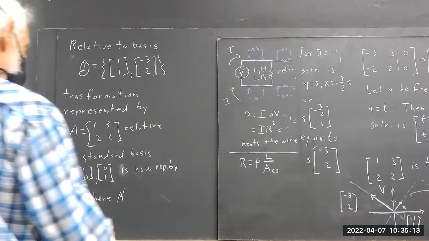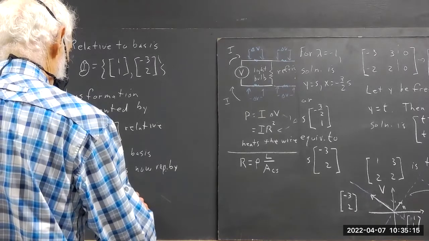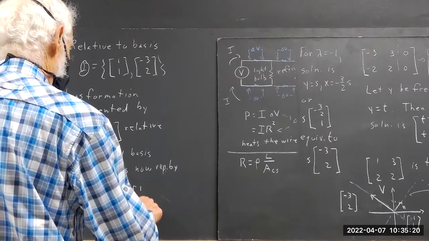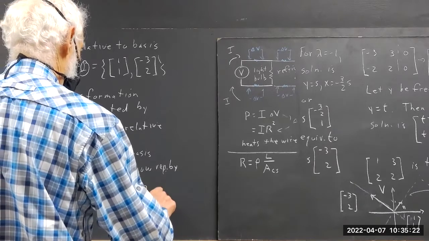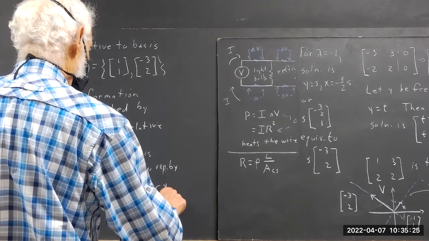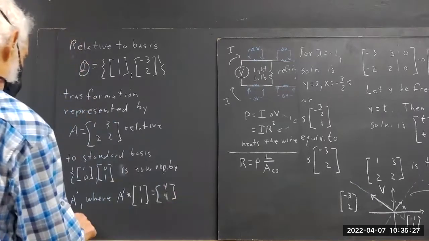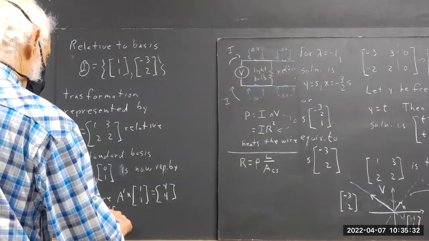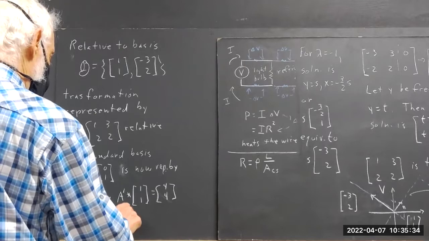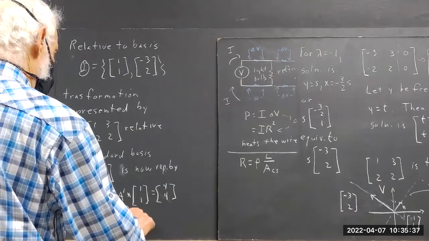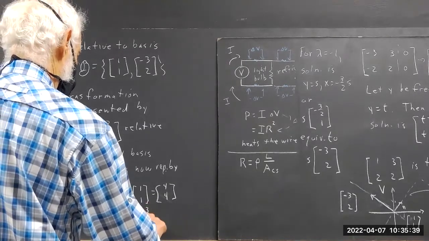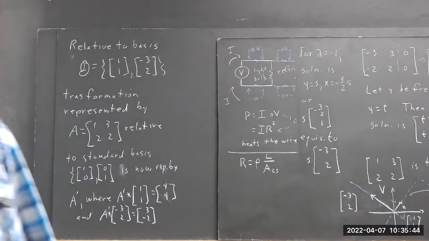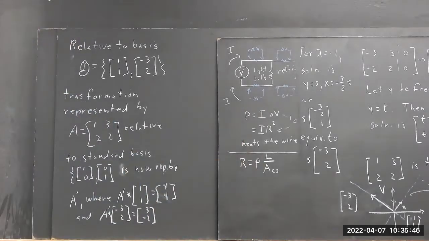A prime times 1, 1 equals 4, 4, and A prime times negative 3, 2 equals 3, negative 2. I'm going to ask you to tell me what that matrix is.